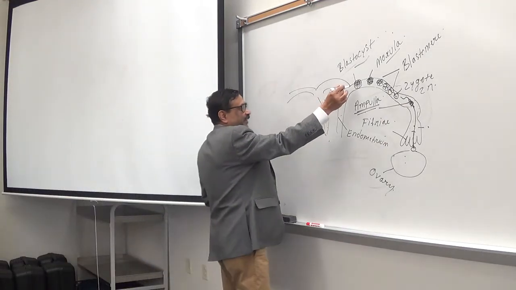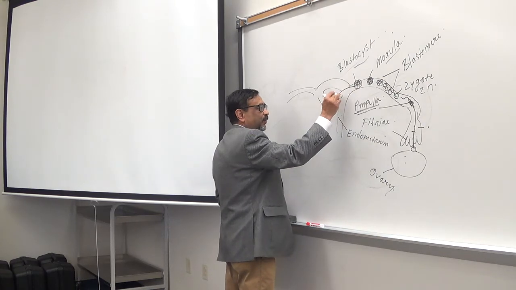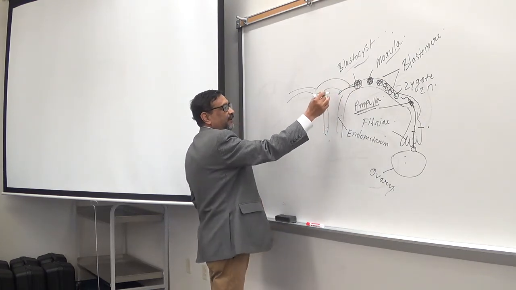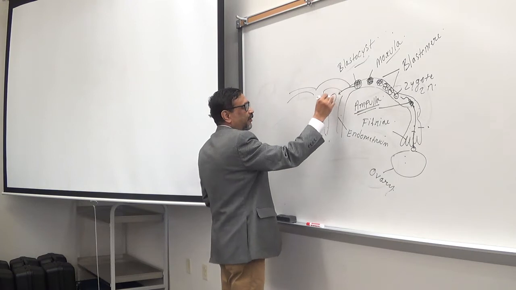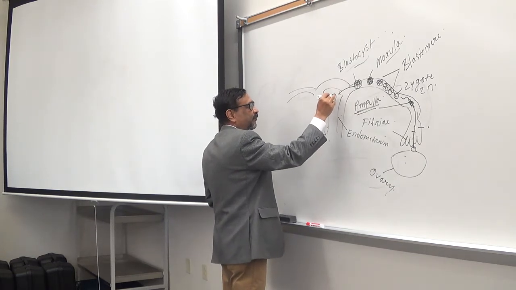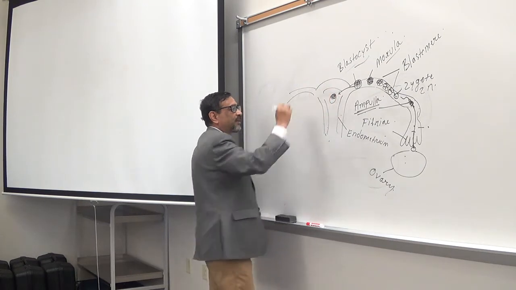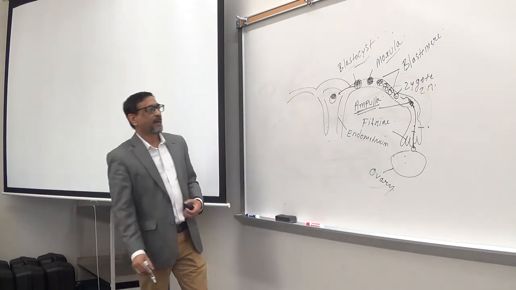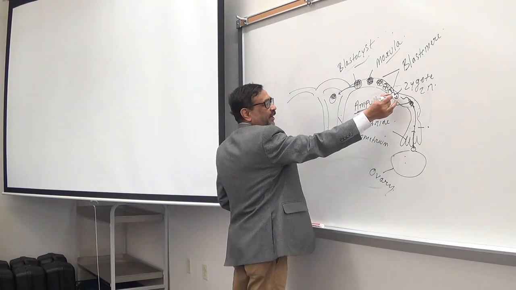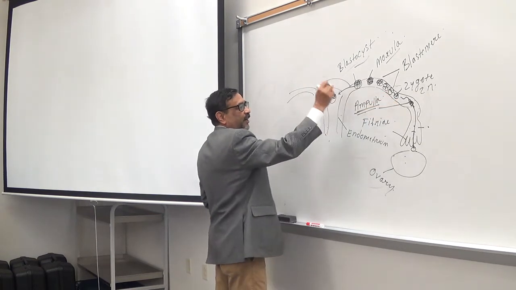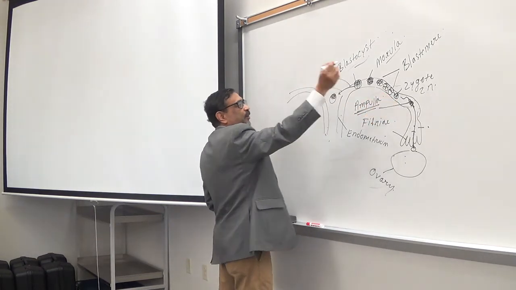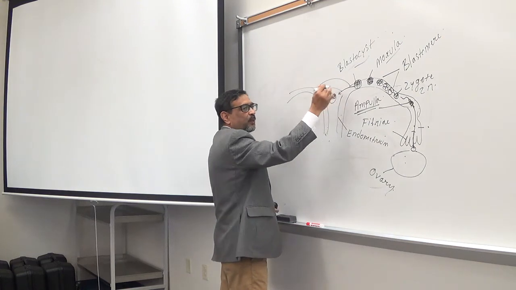And the blastocyst enters into the uterine cavity. So let's draw the blastocyst. It enters into the uterus.